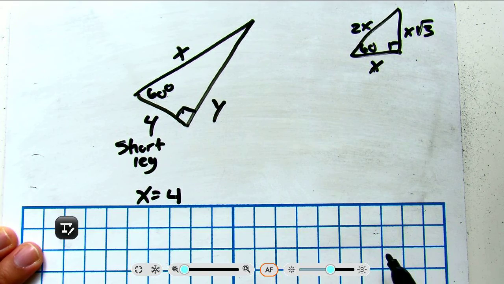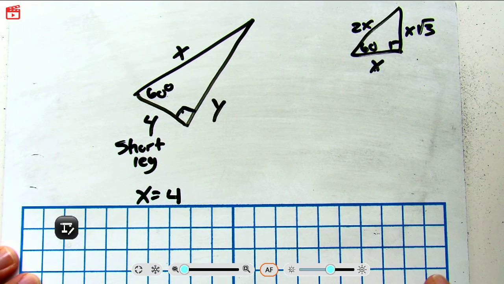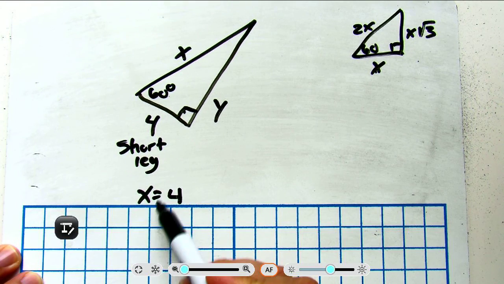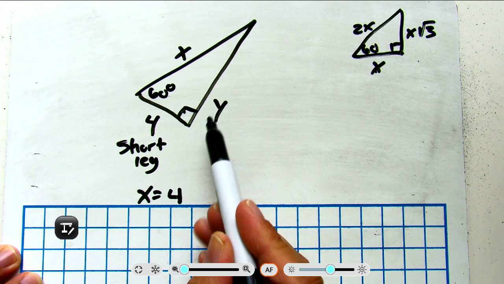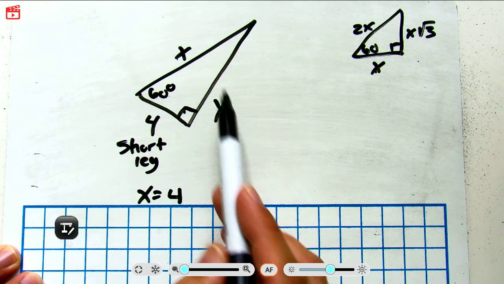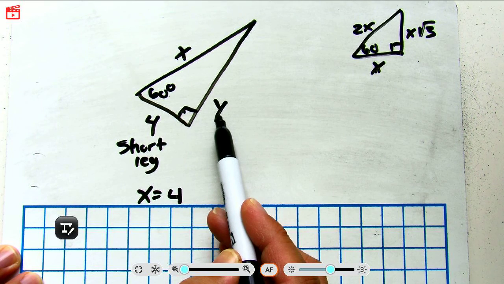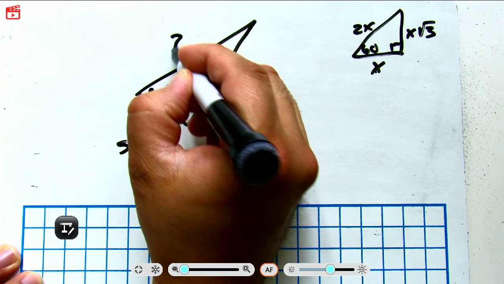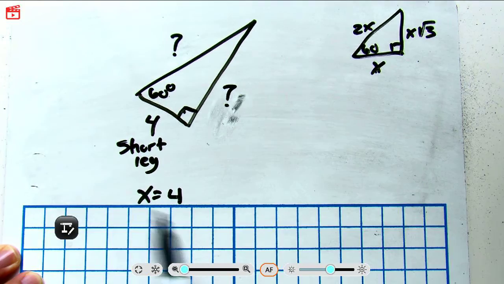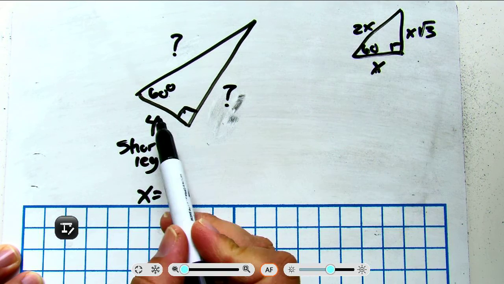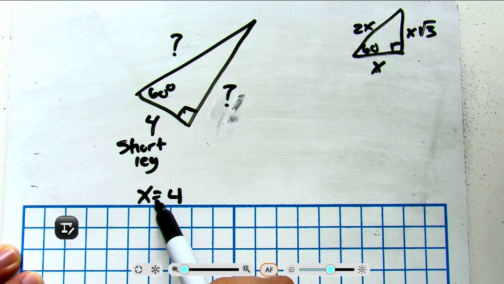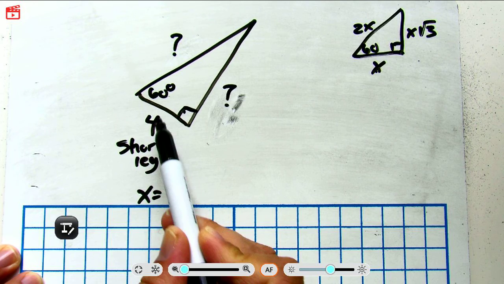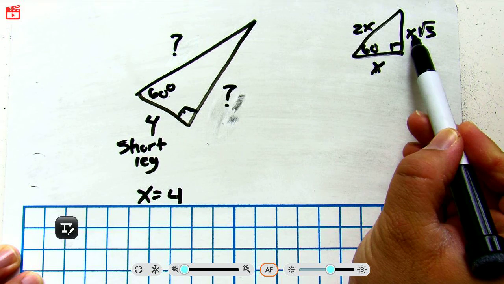Now you have to be really careful not to mix up this variable for this x and for this y. Think of these as question marks. So you know x is 4. If you know that, you could plug in 4 here for x and you would get your long leg.